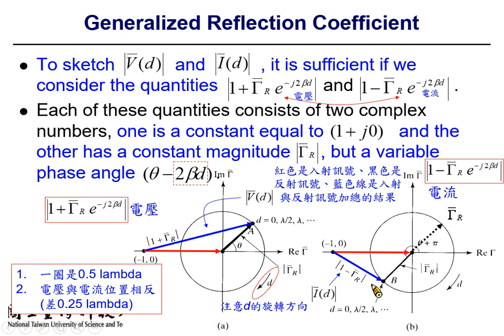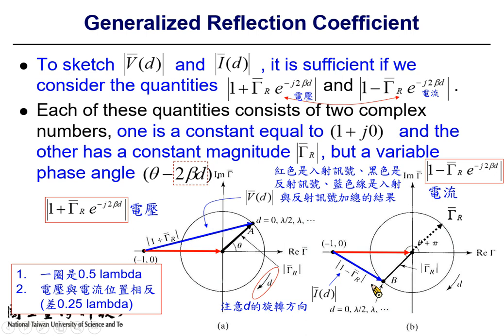The phase of the total current will become 0 as well. So the voltage and currents are actually in phase, which means they are both real numbers. The voltage and current are both real numbers when either one of them reaches maximum or minimum.